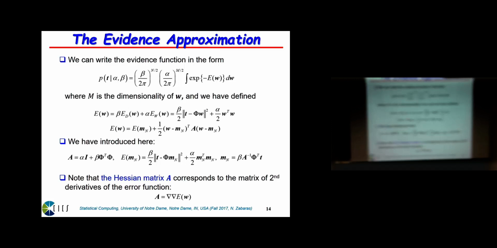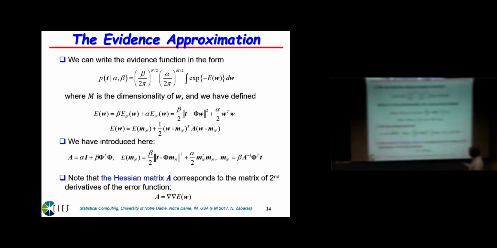So this is what you see here. I multiply likelihood and prior, and I put them together, and it gets to this nice form, E of Mn. There is no W here anymore, and then plus this quadratic on W, and this matrix A is alpha times I plus beta times phi transpose phi, okay?